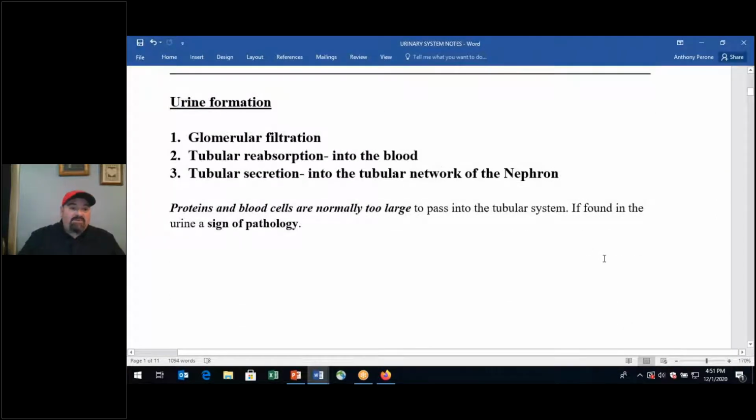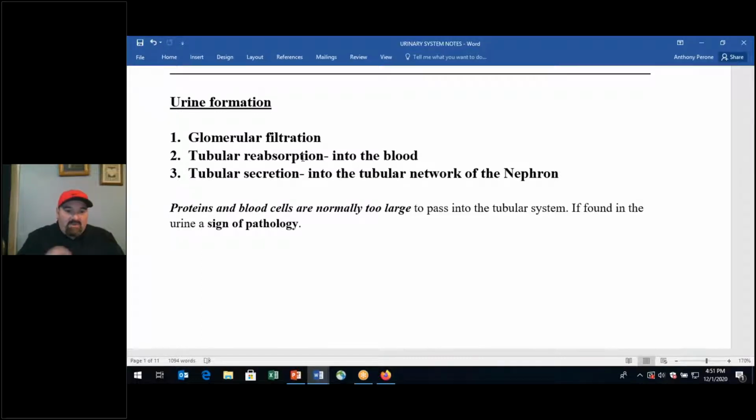This is very important to keep in mind: it's filtration, reabsorption, secretion. Filtration, reabsorption, secretion, okay? The peritubular capillaries covering the tubular network of the nephrons are reabsorbing nutrients, water, ions and such.